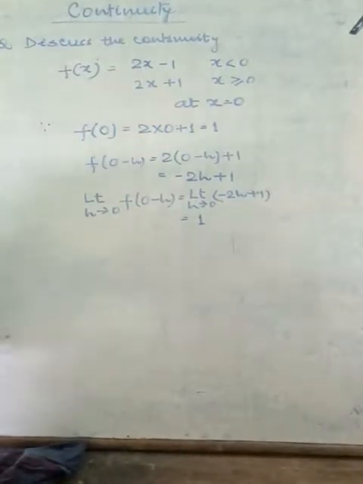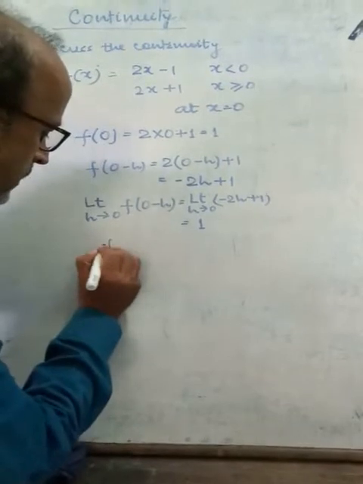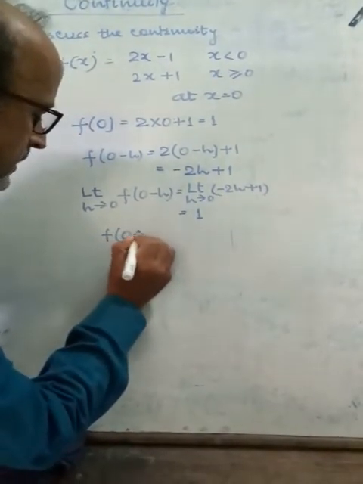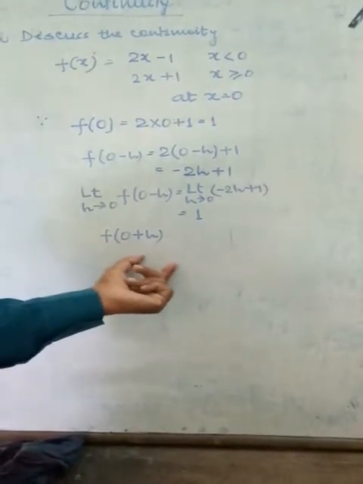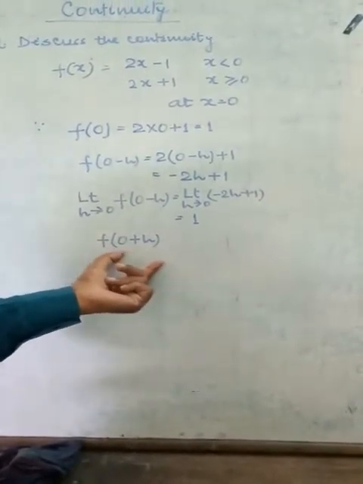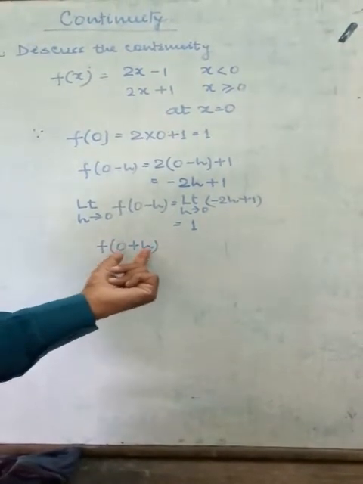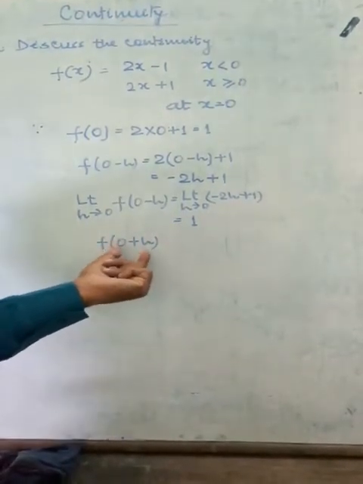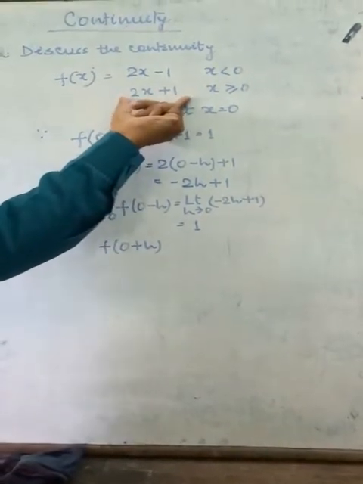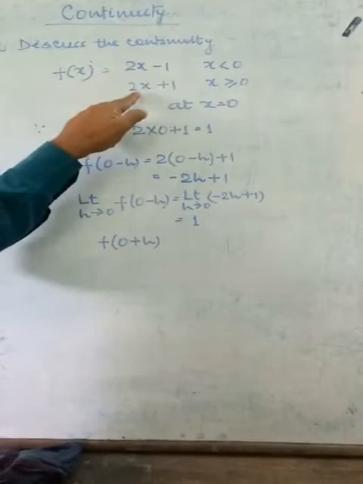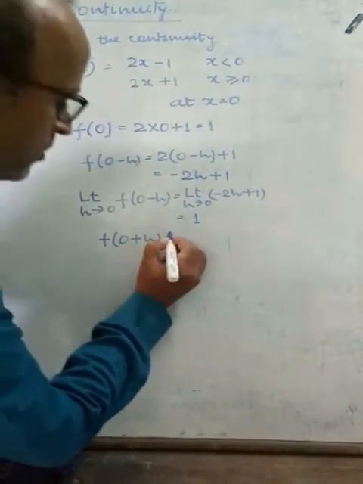Next, calculate the right hand limit. Right hand limit means first find f(0 plus h). Obviously, for a small value of h, 0 plus h is more than 0. So here we replace x by 0 plus h in this expression because it is greater than 0.